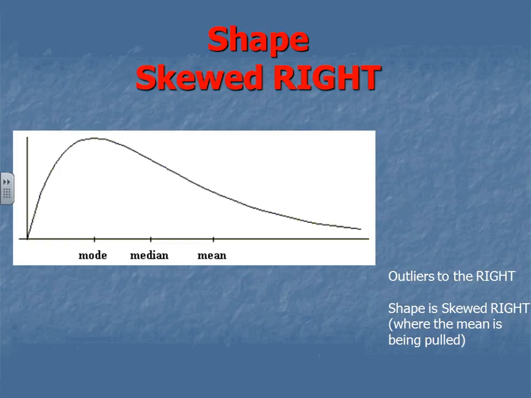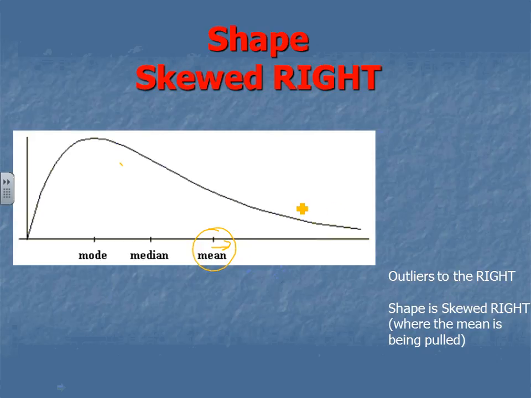Next shape is something that is skewed right. When we have data that is skewed right, most of our data points are here on the left. We will have outliers on the right. Because most of our data is on the left and our outliers are on the right, our mean gets pulled to the right because the outlier pulls it that way.